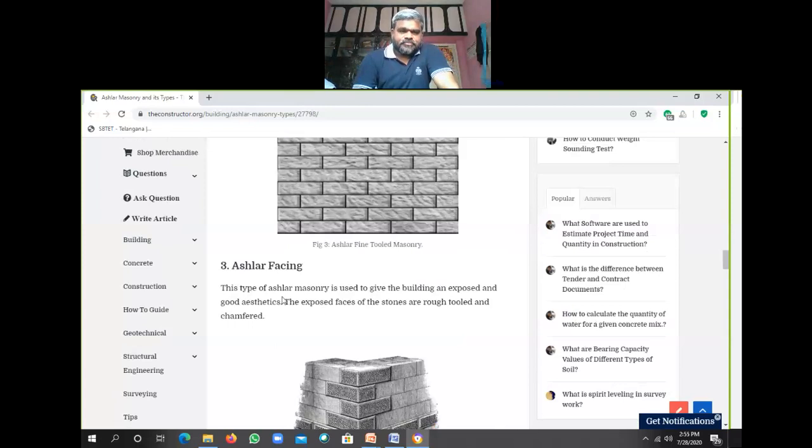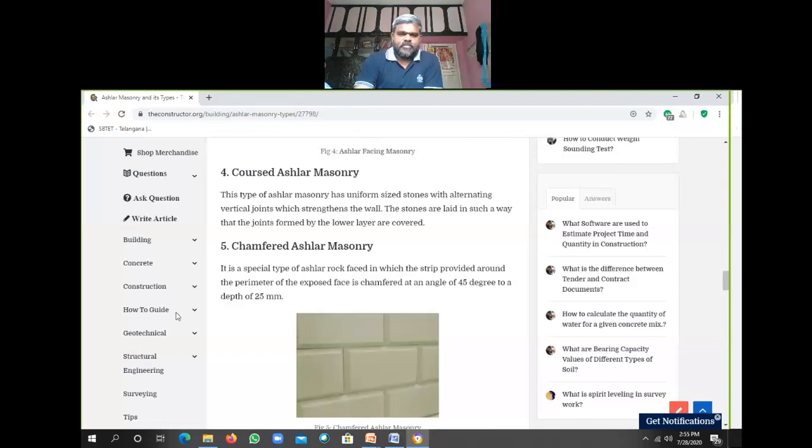Ashlar facing is used to give the building an exposed and good aesthetic. The exposed faces of stones are rough tooled and chamfered. And coarse ashlar masonry.